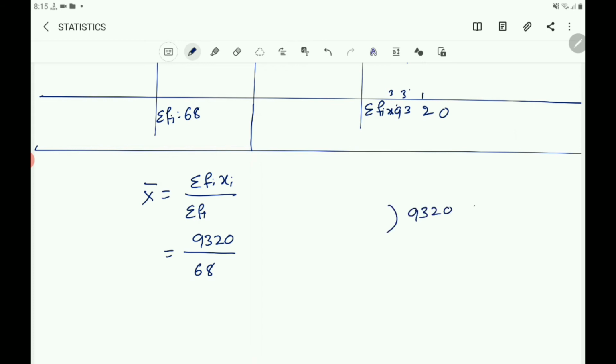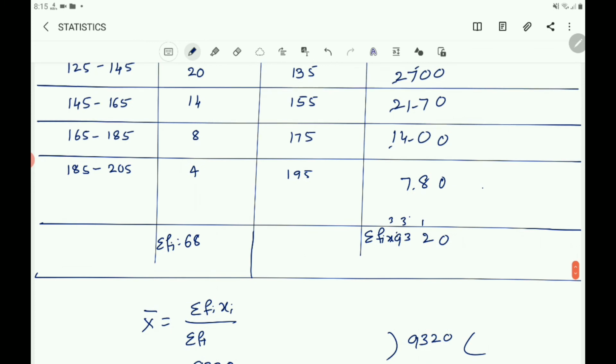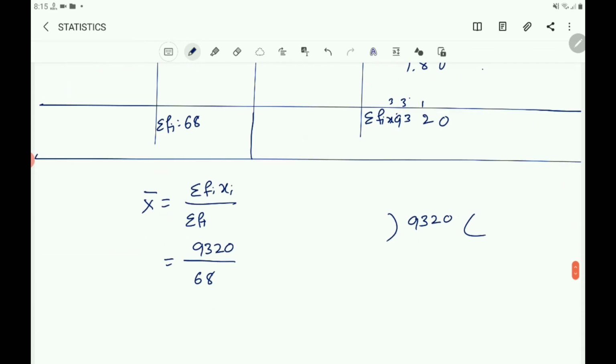Now you take 9320 divided by 68. 68 ones are 68. Then you will get 13 minus 8 is 5.